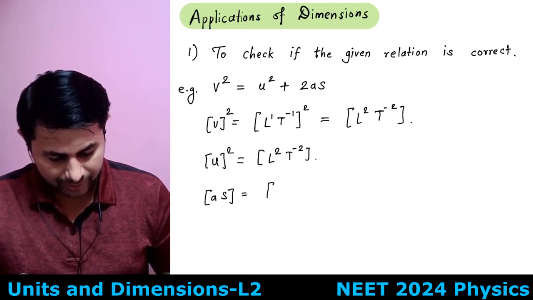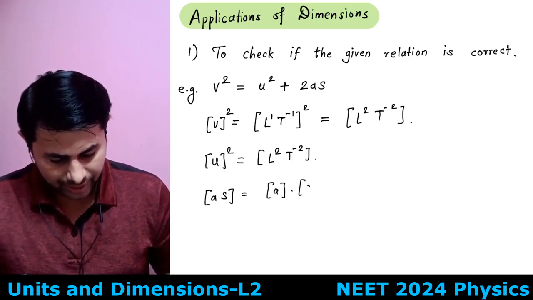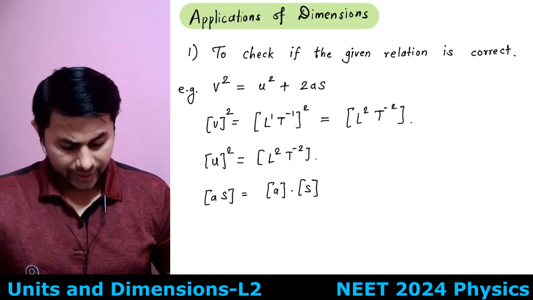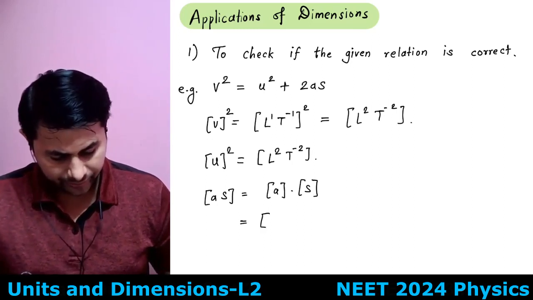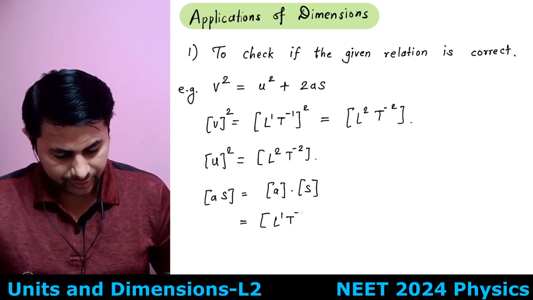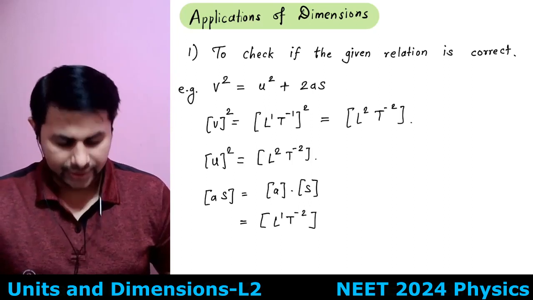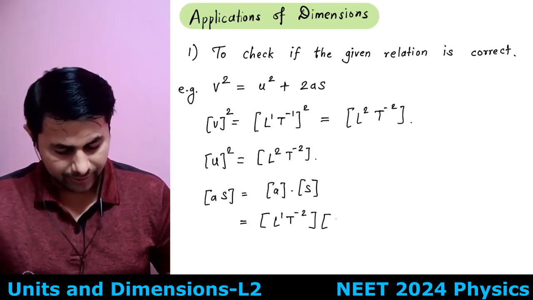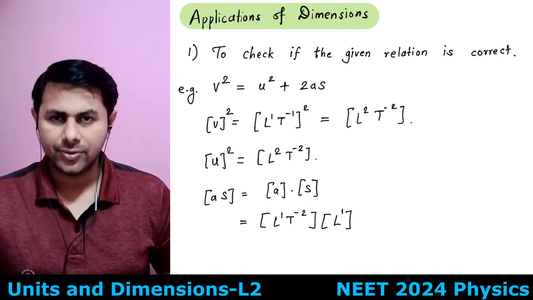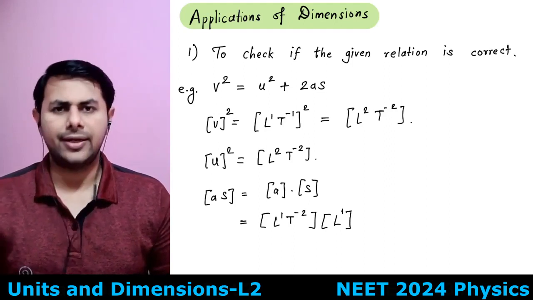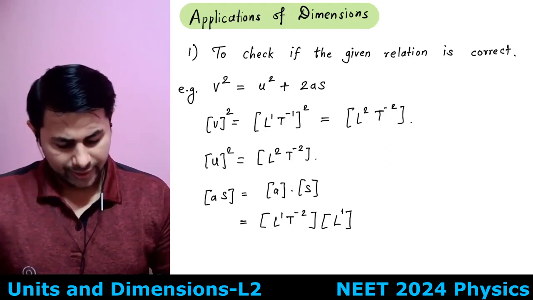The dimensions of a multiplied by s equal the dimensions of a multiplied by the dimensions of s, which is L T to the power minus 2 multiplied by L. S is displacement, right?